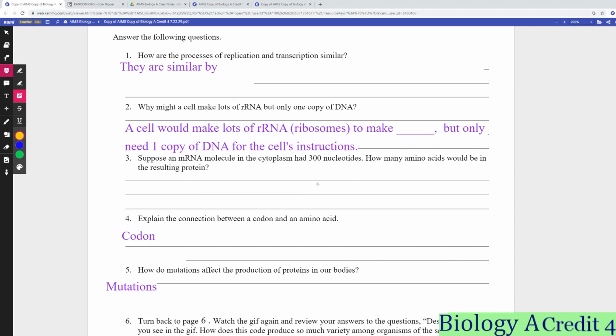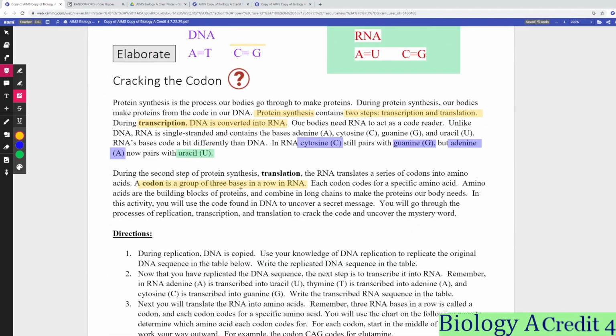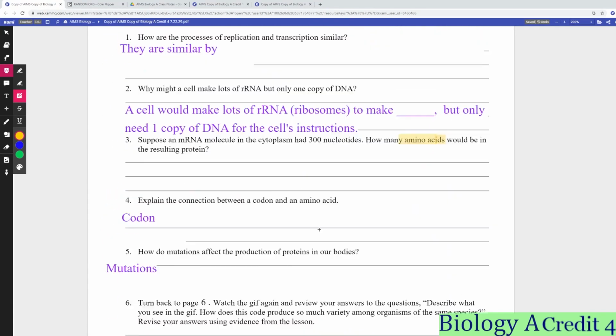So remember, in order to code for an amino acid, we need a certain number of bases. Let's take a look. Remember, we need 3 bases in a row on RNA in order to code for one amino acid. So for us, we're going to do some math for number 3.